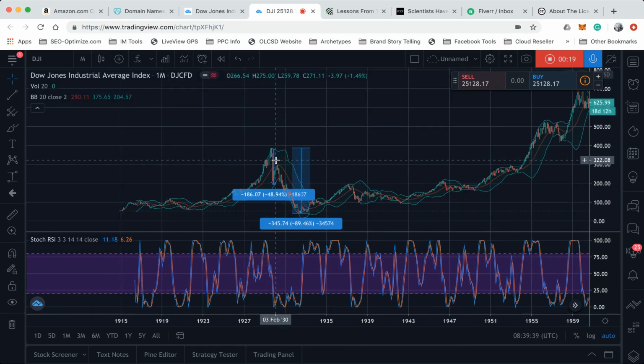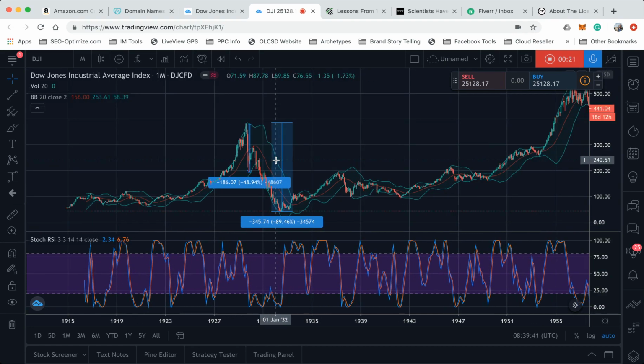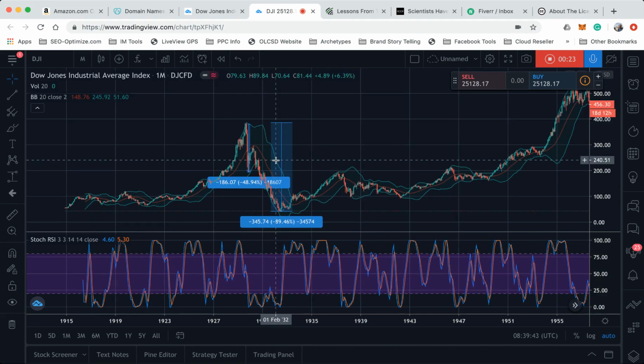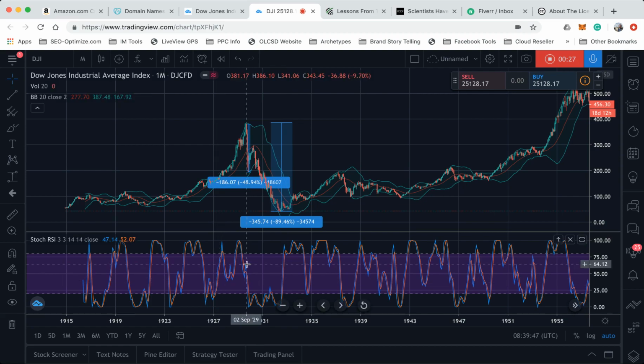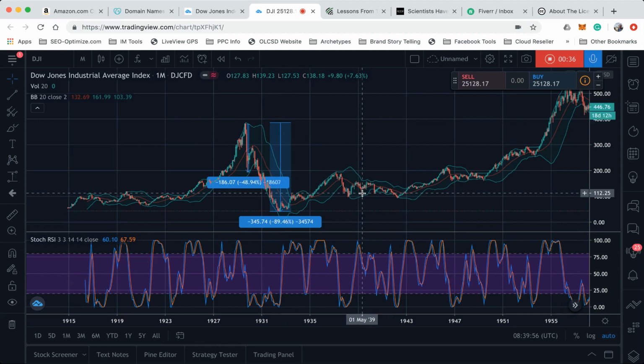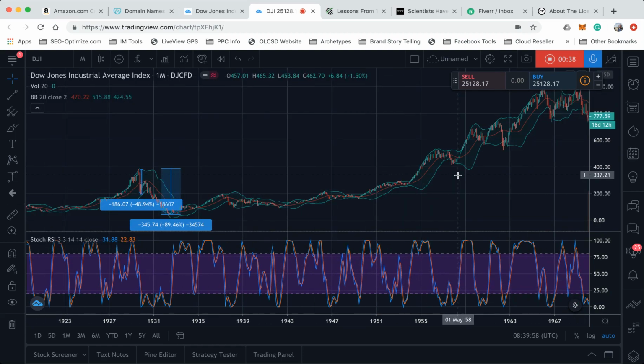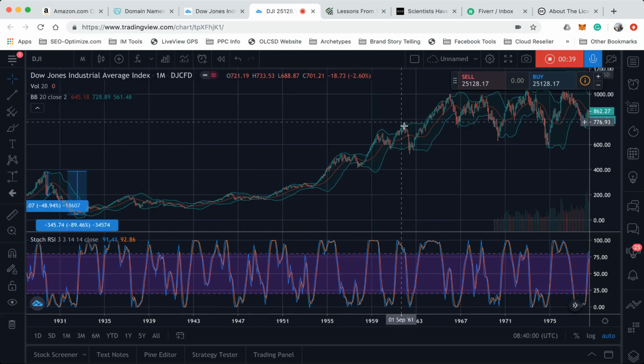This was the Great Depression time period, 1929 to 32. From the top of this to the bottom of this, we have about a 90% drop in the market. And these red lines here are all corrections in the market. They correct, they go up, they correct.